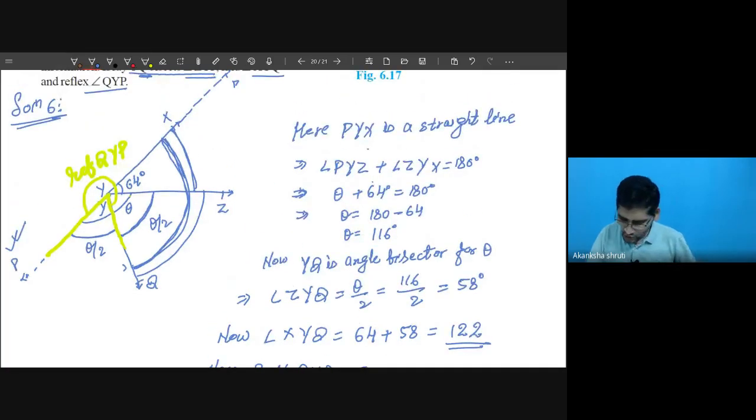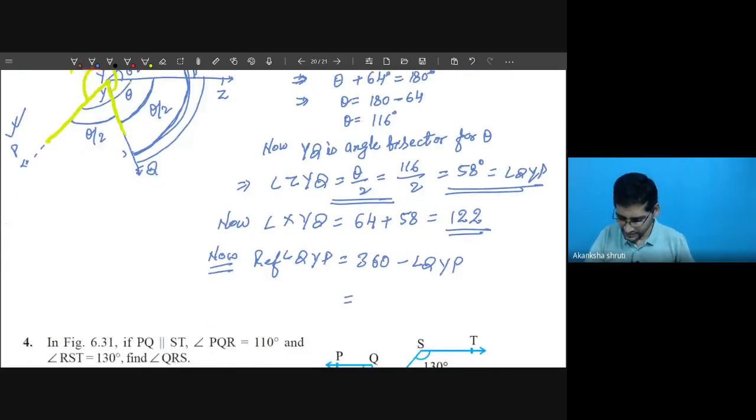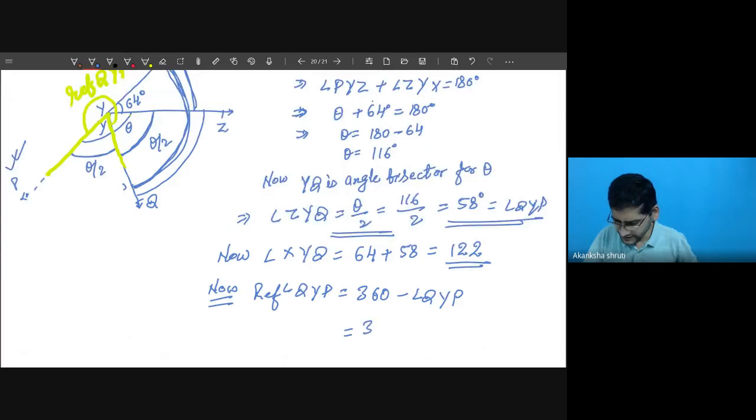This is theta by 2. So it is same as this one. This is also angle QYP, means it is theta by 2 that we have calculated. So this is 360 degree minus QYP, which is 58 degree. So it is 302 degree. This is the final answer.